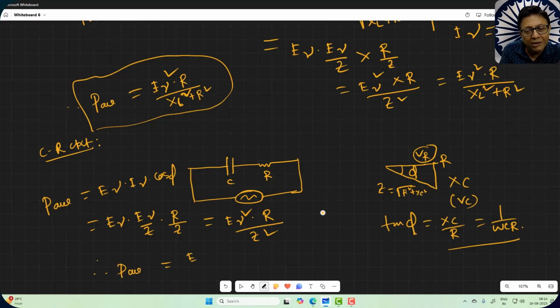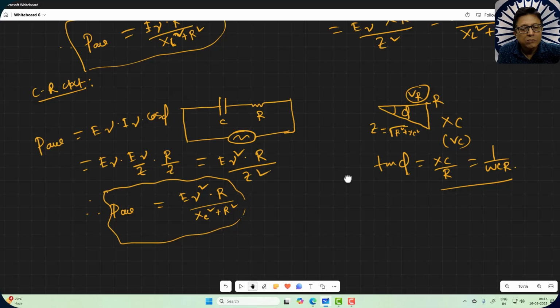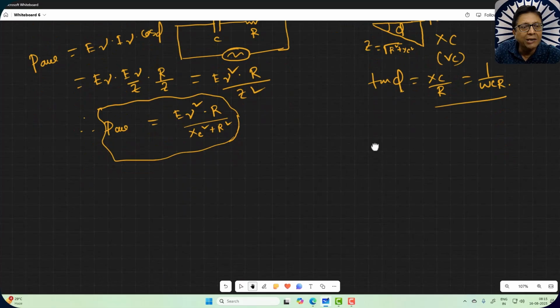So P average will be E nu square R by XC square plus R square. This is the value of average power in an AC circuit containing capacitor and resistor.